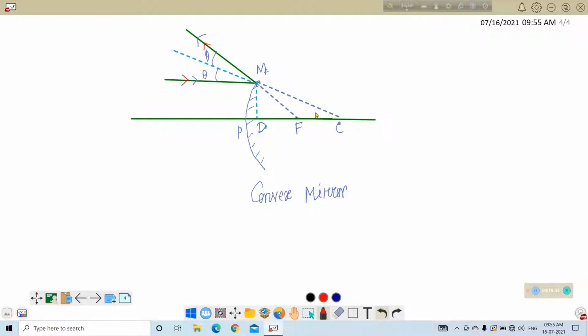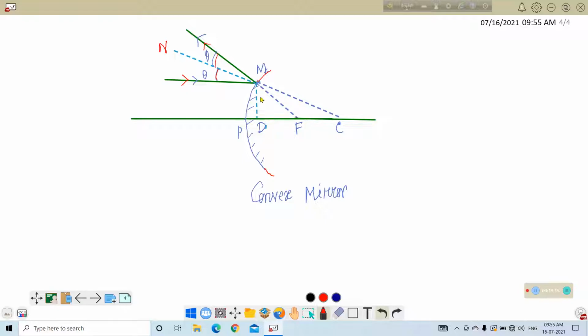This surface is curved in opposite direction. So the center of curvature is this. If you draw a line from center of curvature on this point, then this line CN will be the normal at this point, and this is angle of incidence, this is angle of reflection.